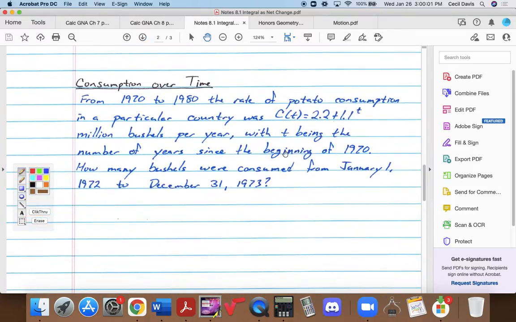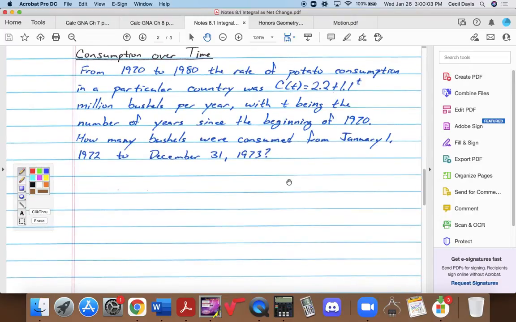Let's move on. Consumption over time. They are big on ones like this. From 1970 to 1980, the rate of potato consumption in a particular country was C of T. Anytime they do these, it's consumption. That's why they named it C of T. They try to name things so that it makes sense.